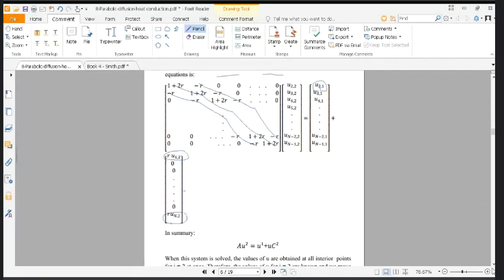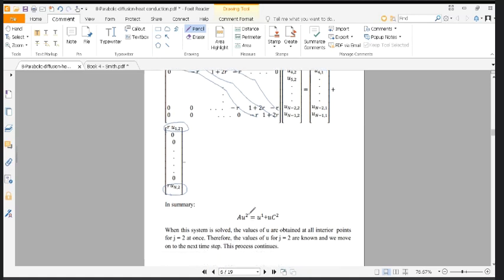Finally, we can write this matrix in closed form: A U2 equals U1 plus C2, excuse me, I should correct that: A U2 equals U1 plus C2.